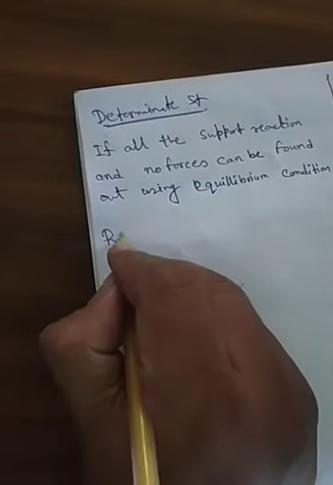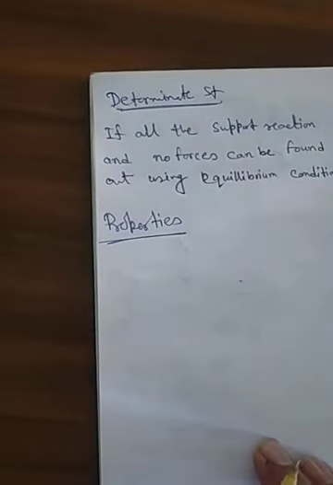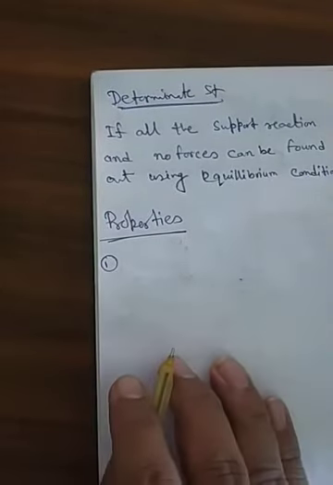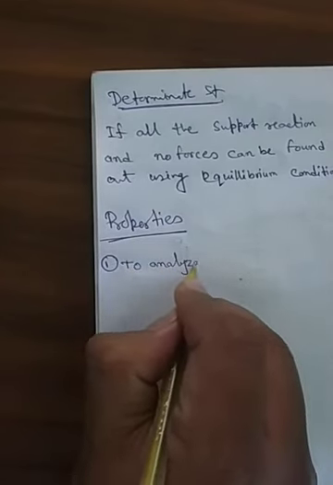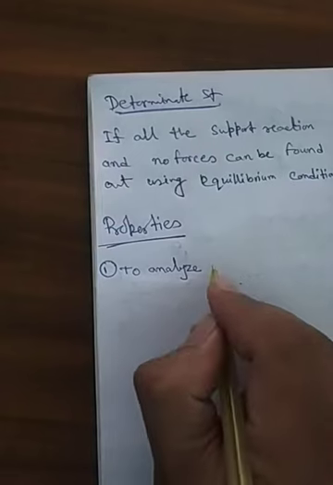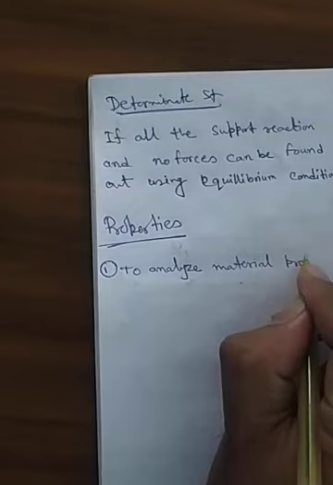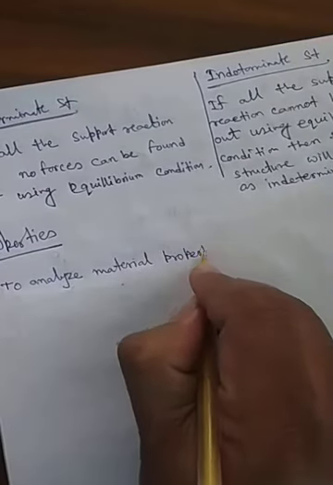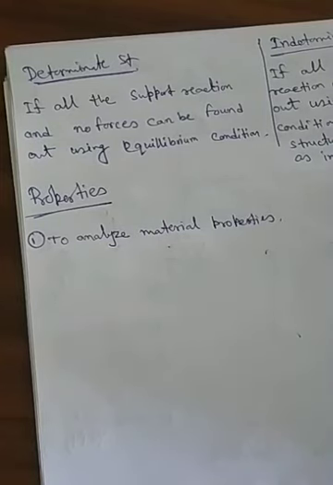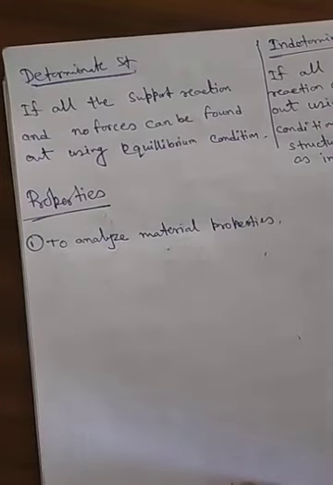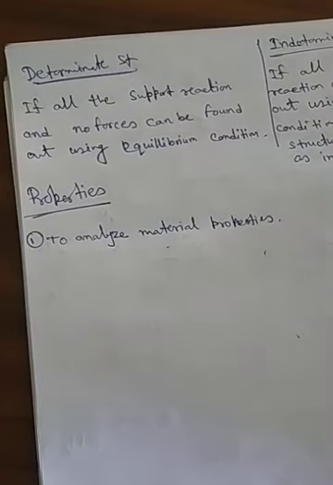The properties. Okay, what are the properties? Number one, in case of determinate structure, to analyze, material properties are not required. What are the material properties? We all know Young's modulus, shear modulus, bulk modulus, these are the material properties.